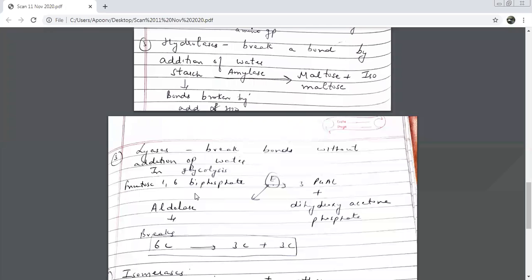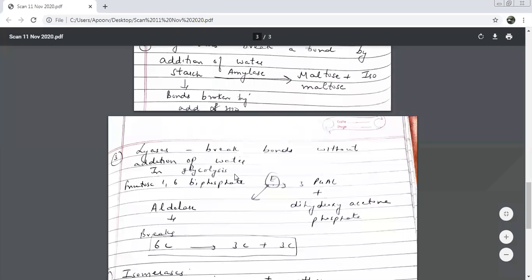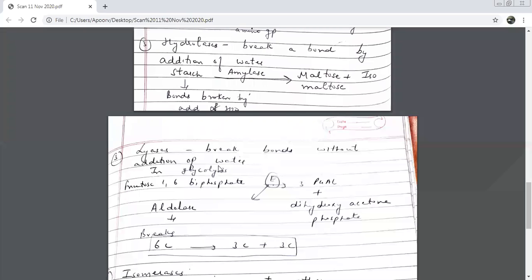So this kind of enzyme is aldolase. See, beta, amylase did its work but it needed water. Aldolase can simply break the bonds without the presence of water. And this is your fourth category. I've written a wrong number, it should be number 4. So it is lyases. This is EC4.